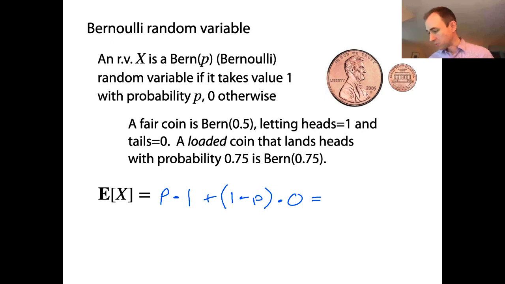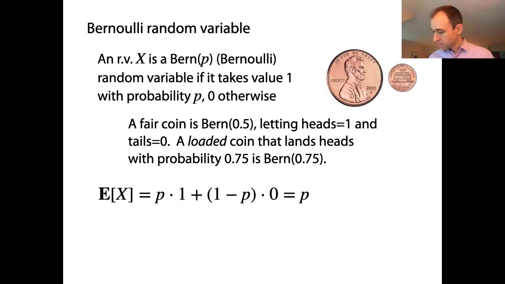But of course that just equals P, right? So the expected value of a Bernoulli P random variable is P.